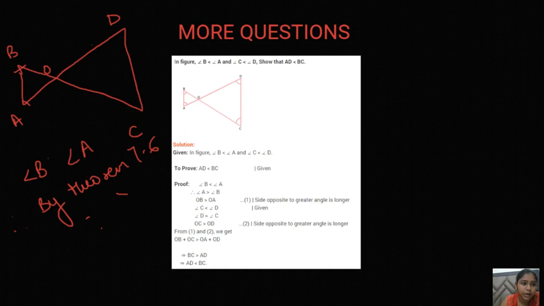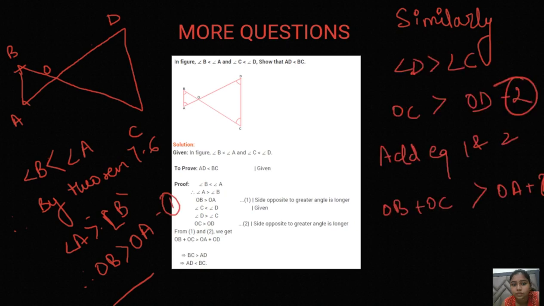So if angle A is larger, so basically OB will be greater than OA, right? Similarly, we can just write that angle D is greater than angle C, right? So the side opposite to angle D, OC, will be greater than the side opposite to angle C, that is OD, right?